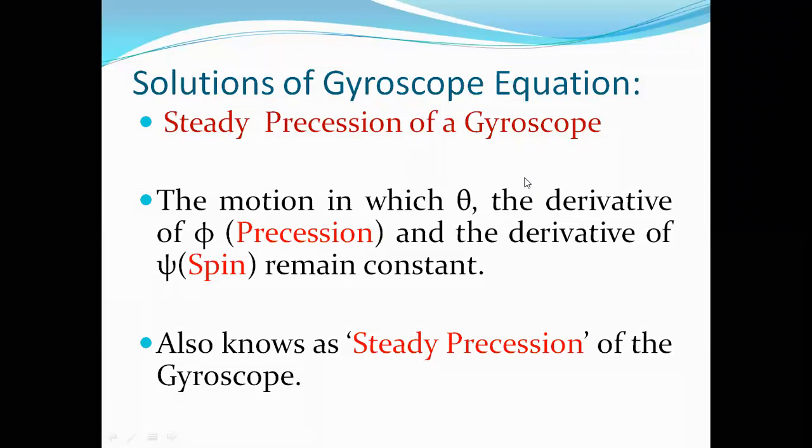Now, there are some problems that the gyroscope equations of motion offer to us, which we'll be discussing later on. Very important is to understand the overall structure of these gyroscopic equations, as far as their linearity and non-linearity is concerned.